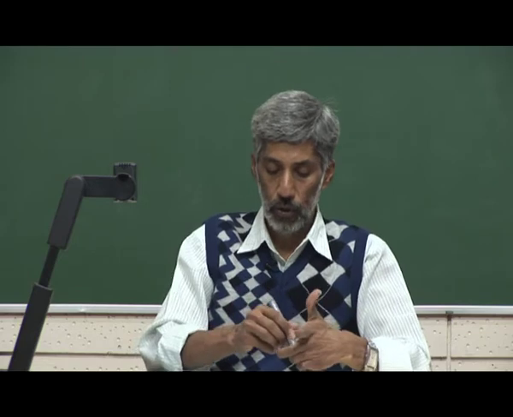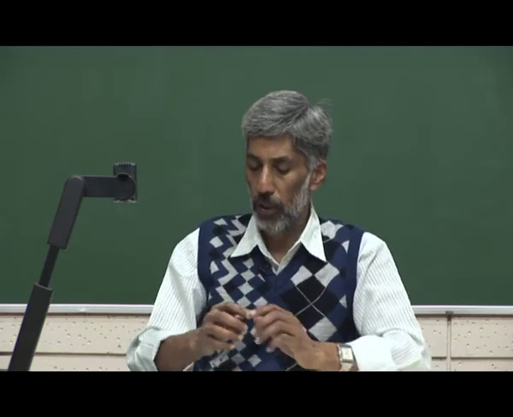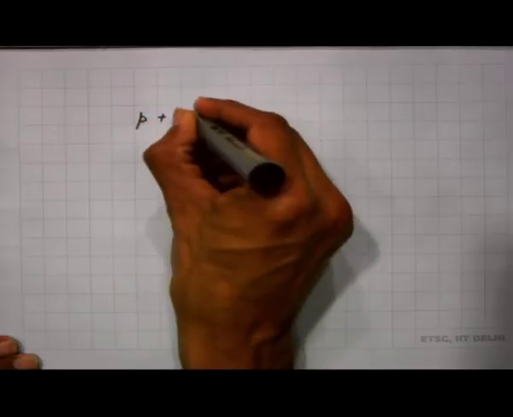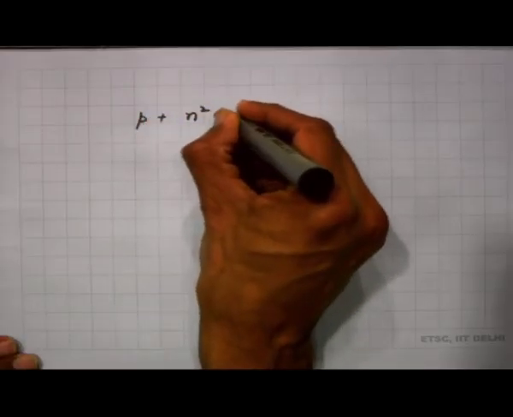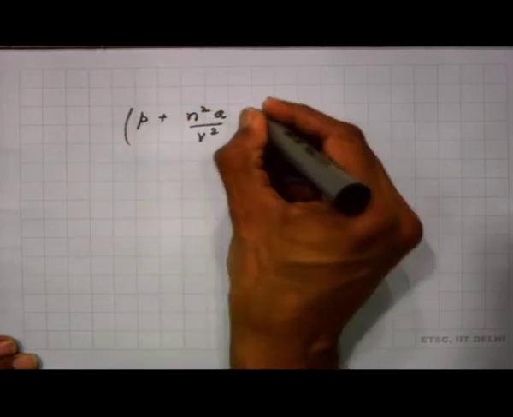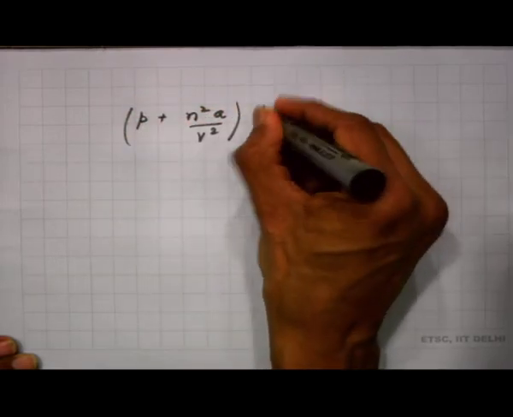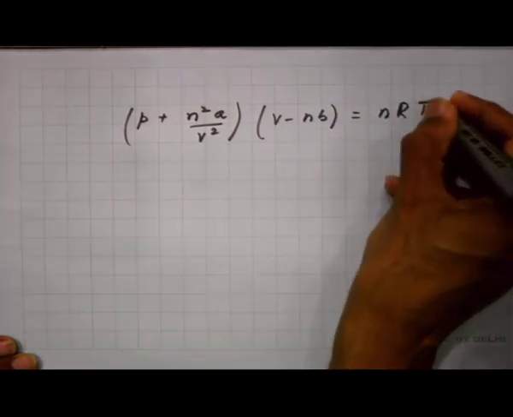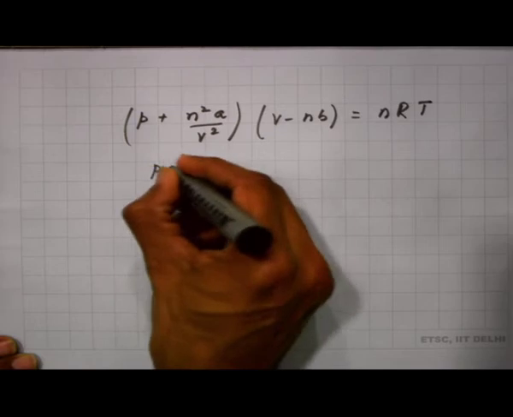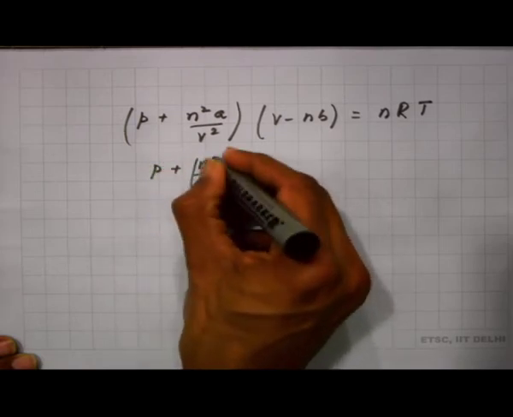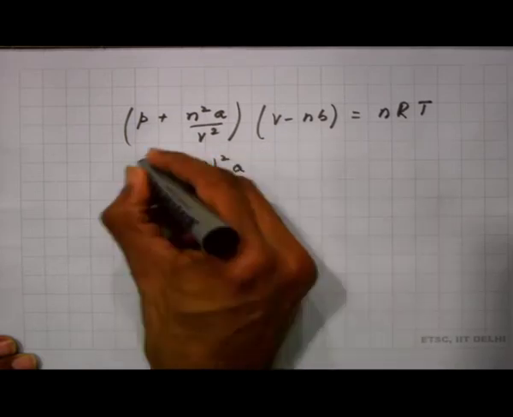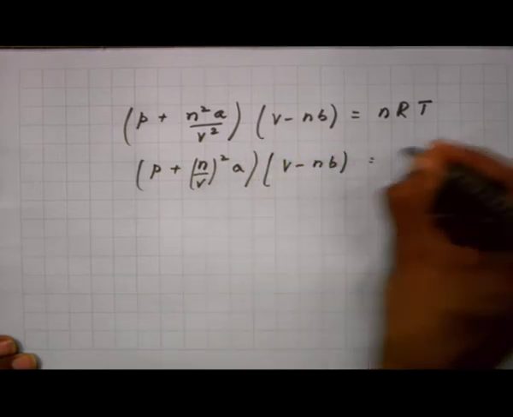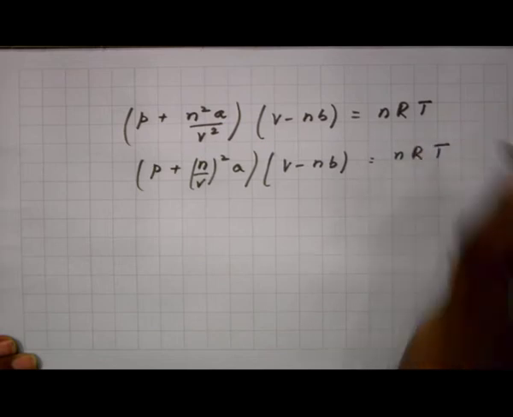Let us see what we can do with this. Although you will not need to do this, let us rewrite this again. P plus n square A over V square, into V minus nB, equals nRT. I like to write it as P plus n over V square times A, because it reminds me that it is proportional to the square of the number density.